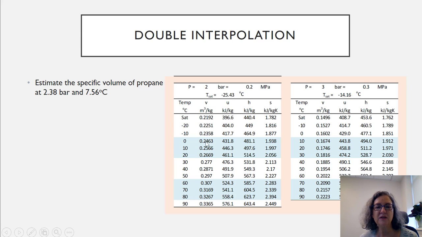So what we might do is find 7.56 when pressure is 2 bar, interpolating here. Find 7.56 using this 0 and 10 for 3 bar, interpolating off of this table. And then take those two pressures and interpolate to get 2.38 bar.